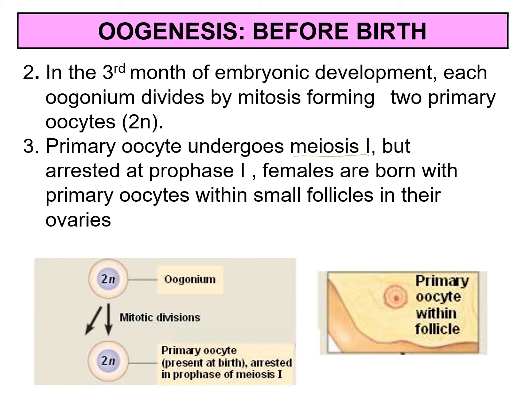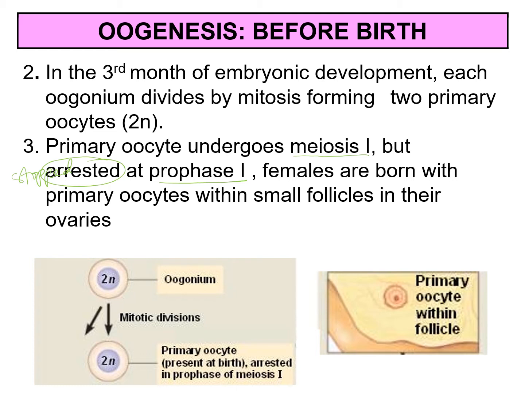But before the female is born, the primary oocyte will undergo meiosis but stop at prophase 1. Arrested here means stop. You can use the word stop or the word arrested, so it's not wrong.